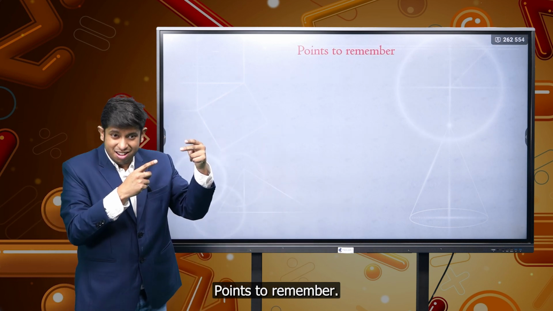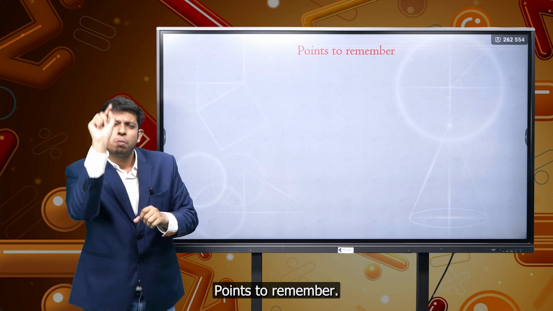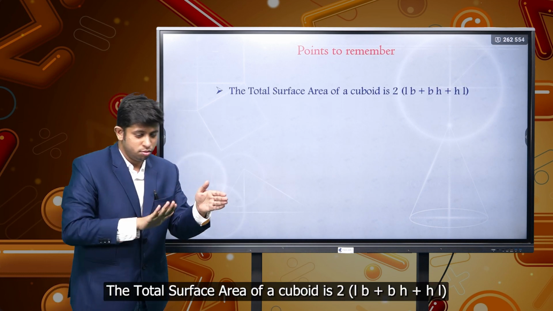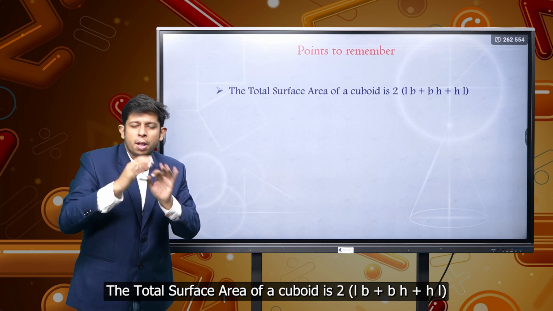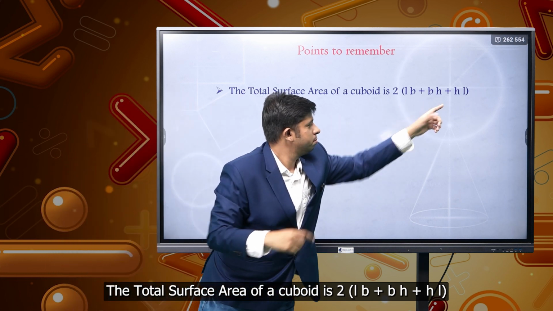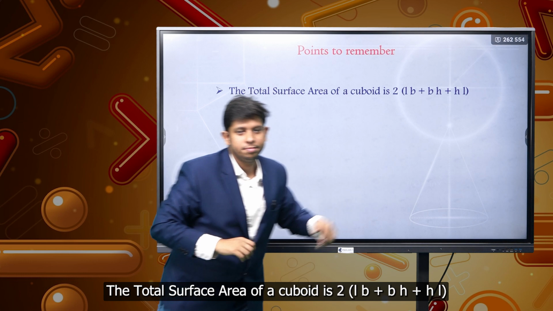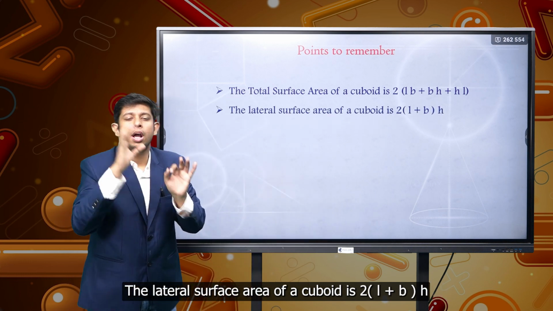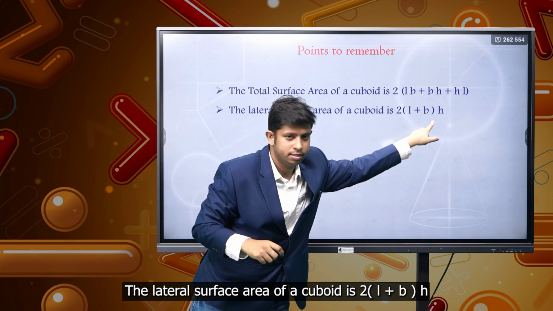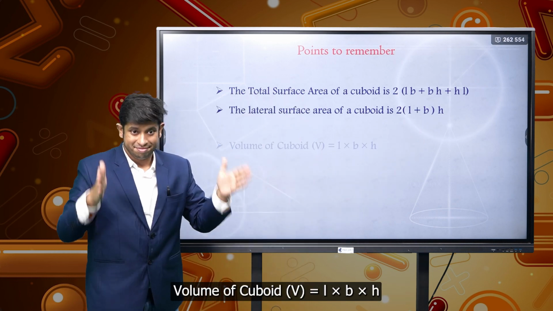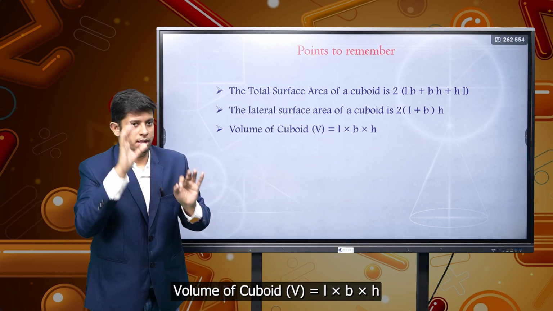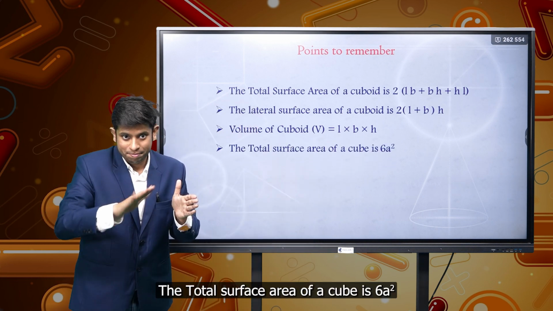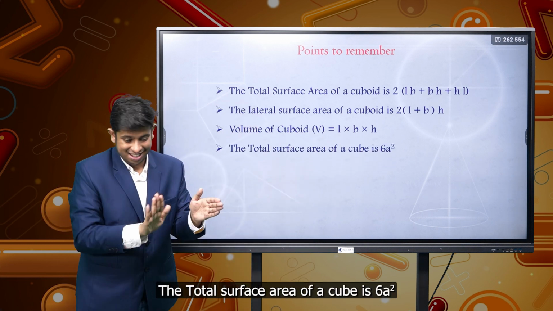Points to remember. The total surface area of a cuboid is 2 into LB plus BH plus HL. The lateral surface area of a cuboid is 2 into L plus B into H. Volume of a cuboid V is equal to L into B into H. The total surface area of a cube is 6A square.